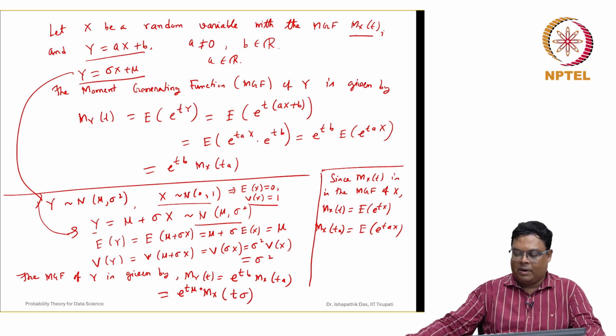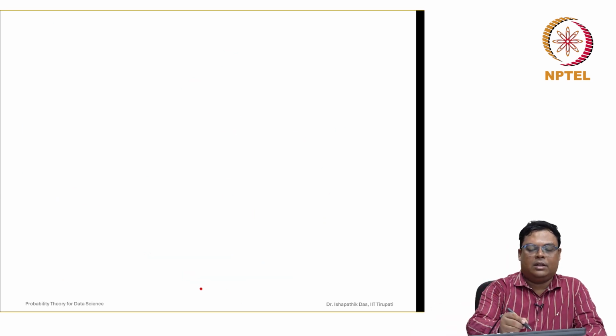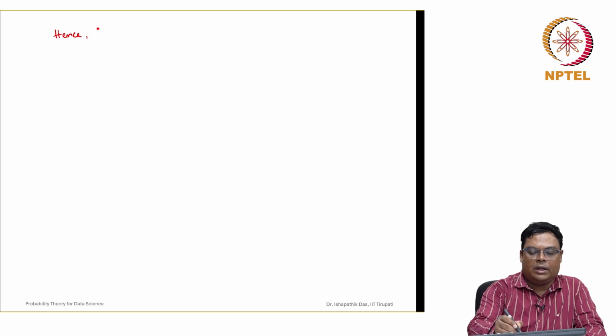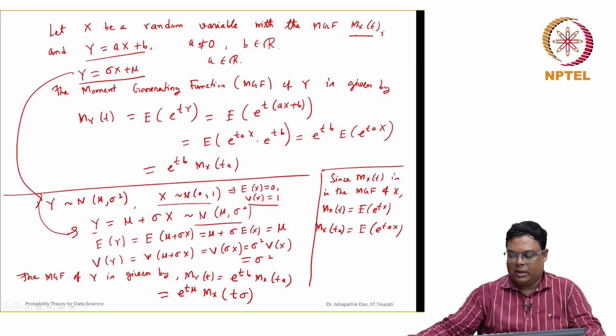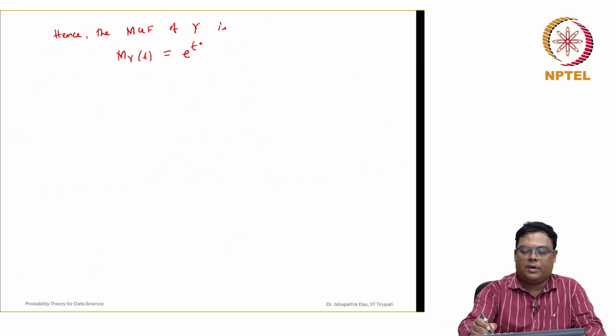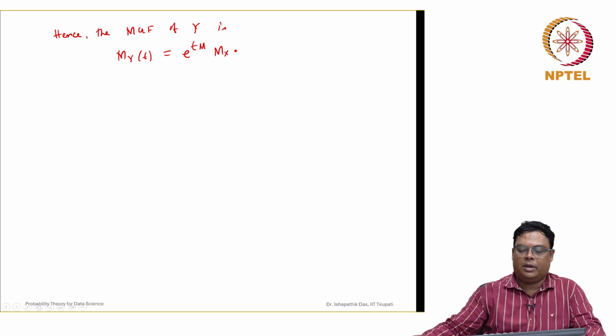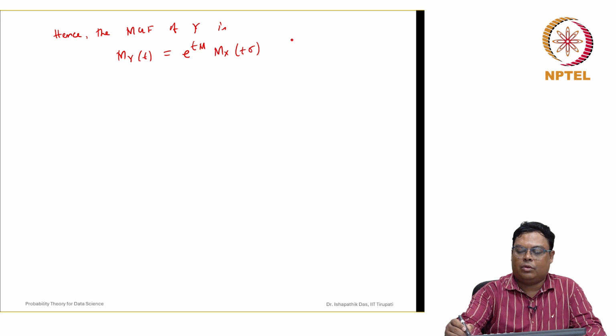So then what we found is that the moment generating function of y, m of y at t, is nothing but e to the power of t mu into mx of t sigma, where x has normal 0, 1 and mx of t is the expected value of e to the power of tx.